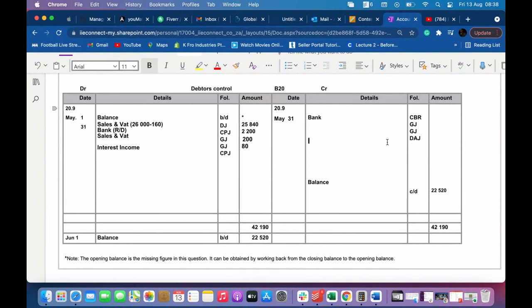So I think we can actually just try and slot that in here. So what was that? Sales returns and VAT. 1,200.